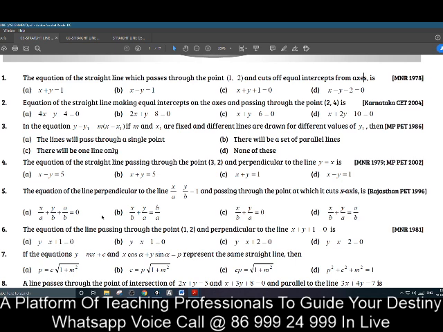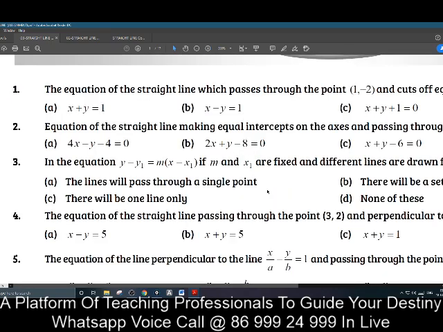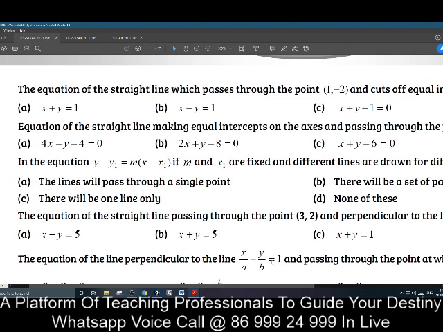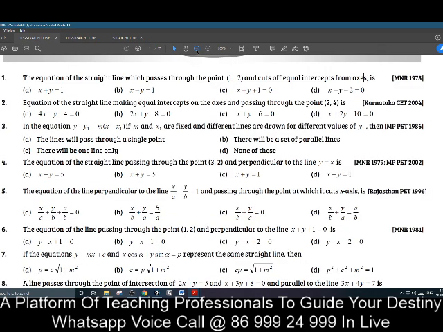Sudhakar, namaste. If I zoom it, then it is getting out of the screen. Zooming is now 200%.